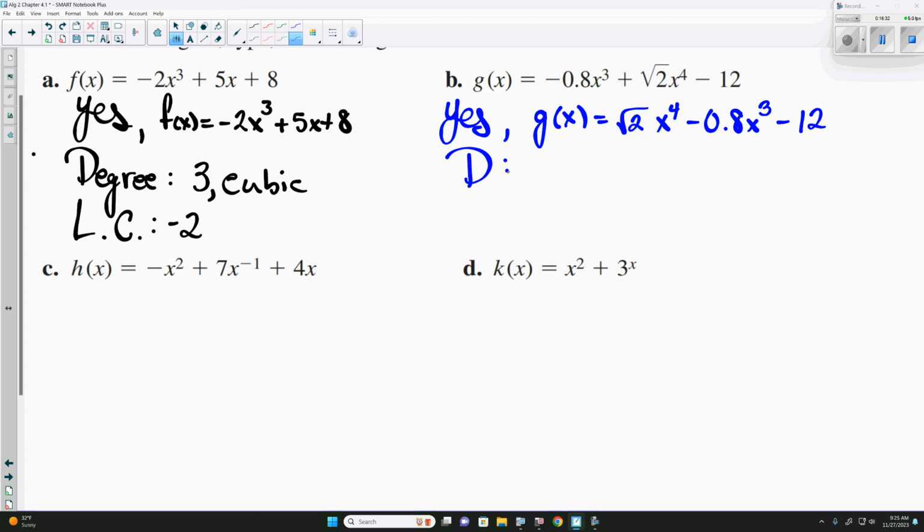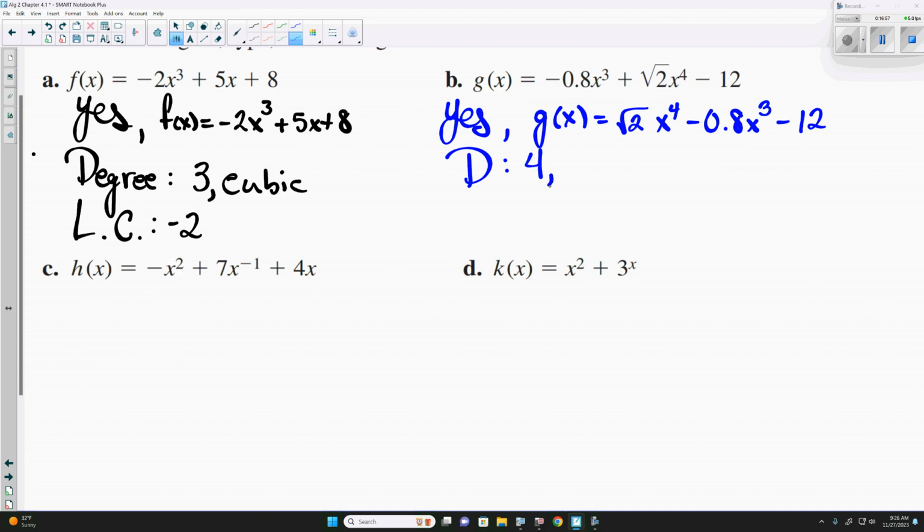Degree is the number of the highest exponent attached to the variable. So here, the first one was 3, because 3 was the biggest. This one, it is 4.